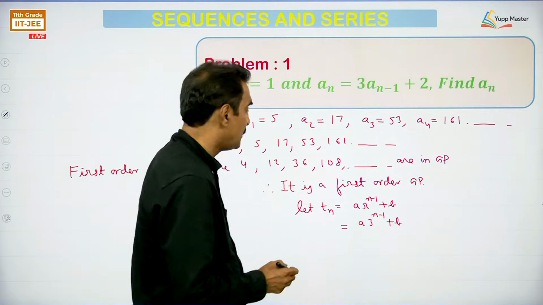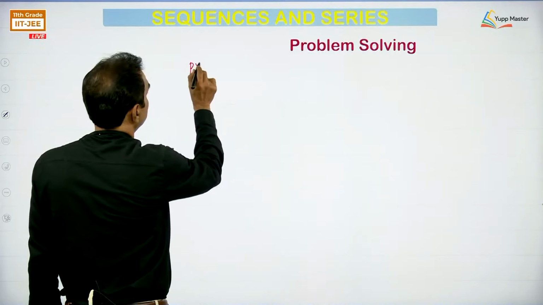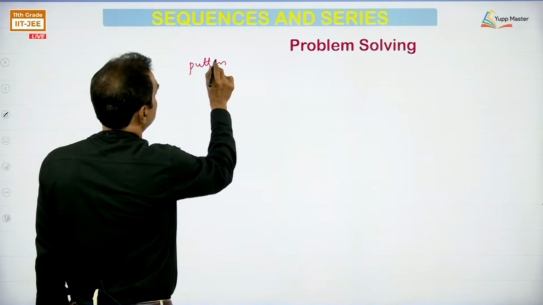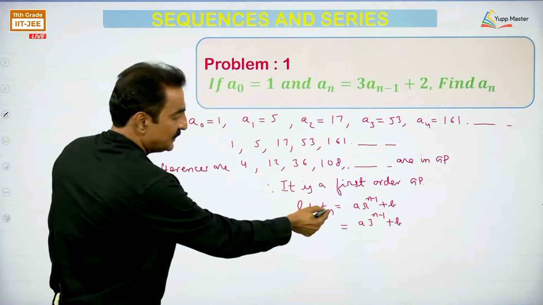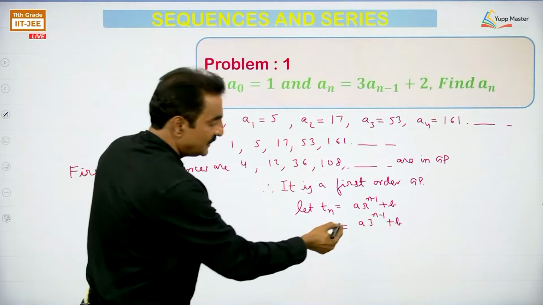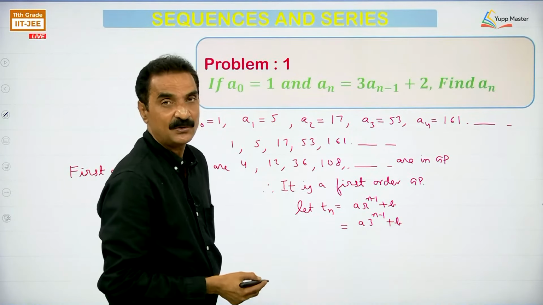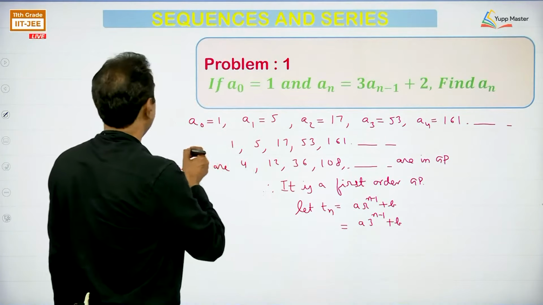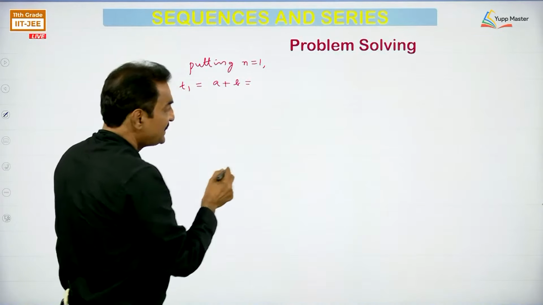Now, putting n is equal to 1, T1 is equal to a into 3 power 1 minus 1, that is a into 3 power 0 plus b, that is a plus b. What is T1, the first term?